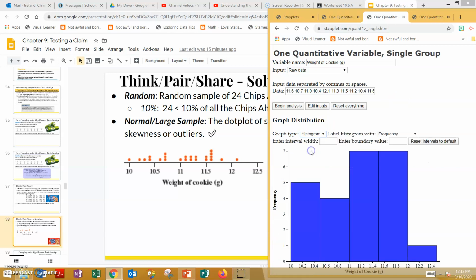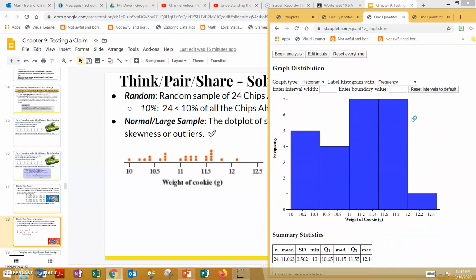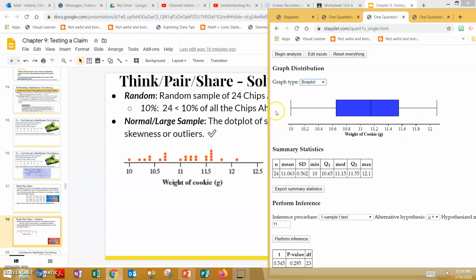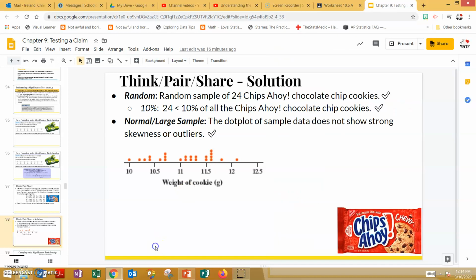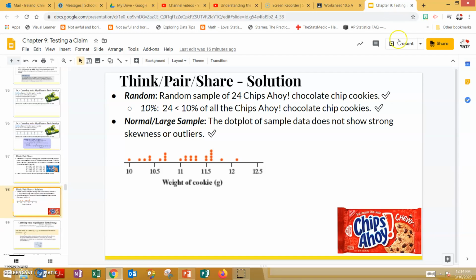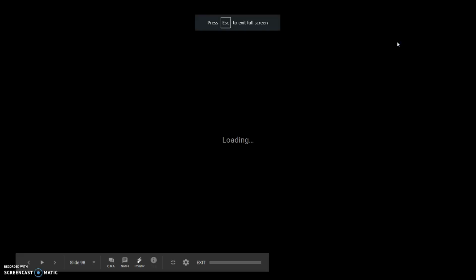If you look at the histogram, it looks a little funky, but again, you're looking for any strong skewness or outliers. Here's a box plot. Nothing unusual that's going to stop you from proceeding with a significance test. So this one's good to go. All right, moving on.